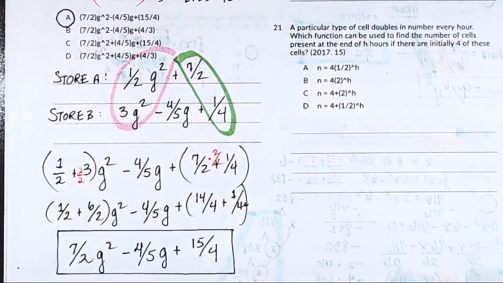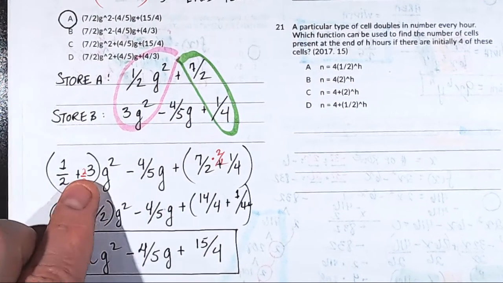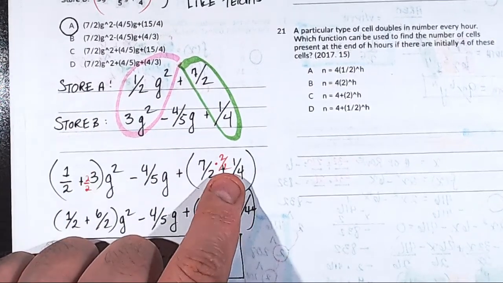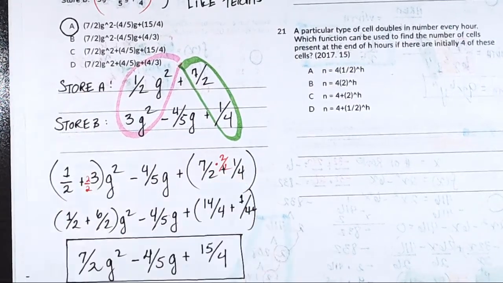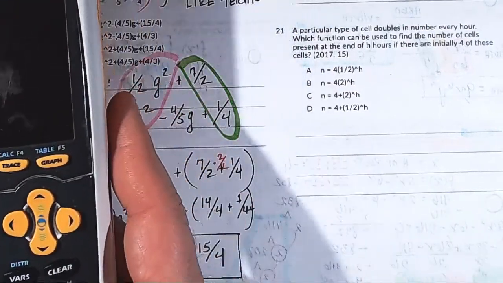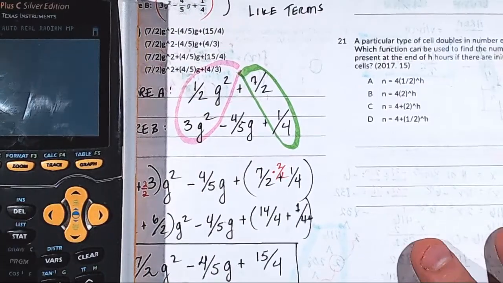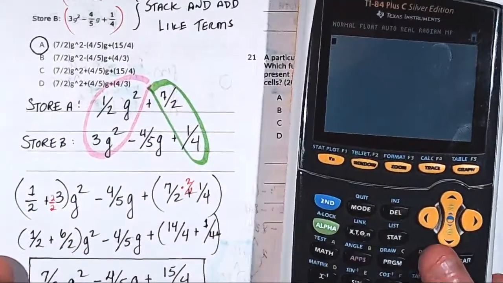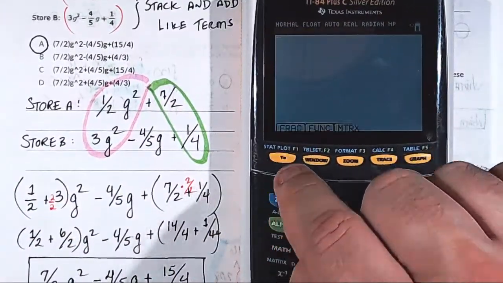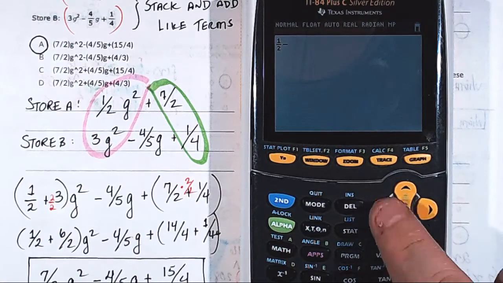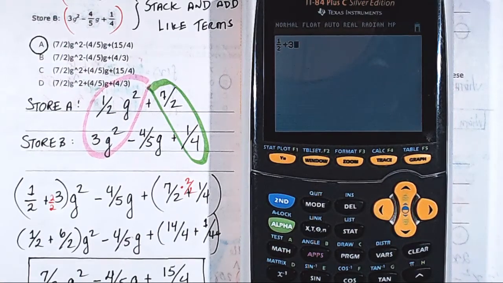Now there is a simple way to do this in the calculator if you don't want to actually convert these to fractions that share the denominator. Okay, so what you can do is go to your calculator and just go to the main screen, you can hit alpha y equals, enter, and put 1/2 plus 3.